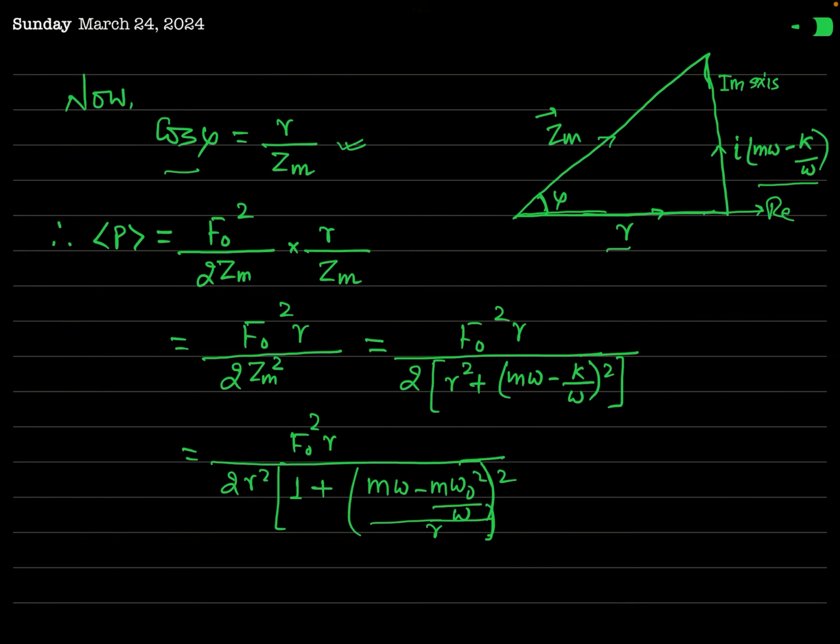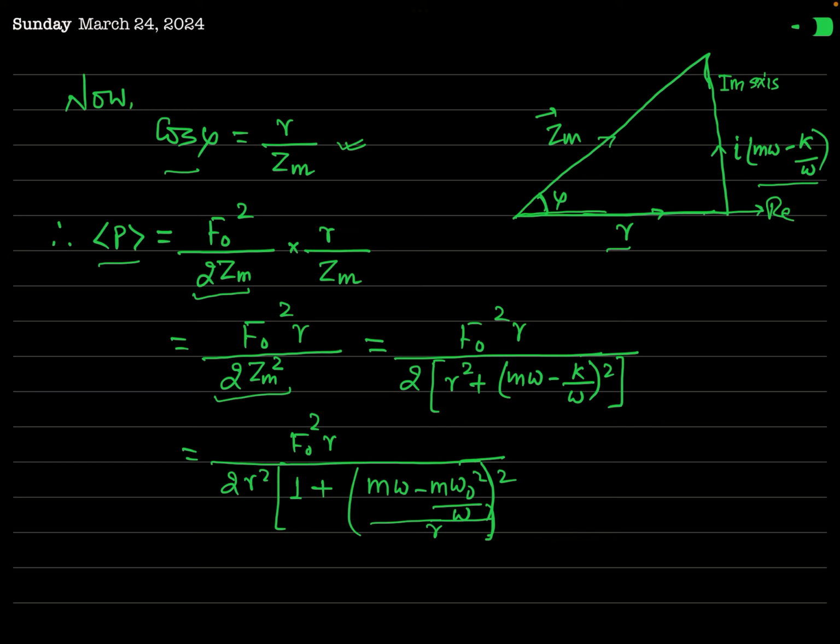So the average power extracted from the driving force by the oscillator is given by F naught square over 2 Zm times R over Zm. This expression becomes F naught square R over 2 Zm square. But what is the value of Zm, the magnitude of the complex impedance?